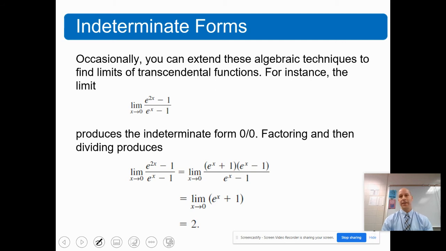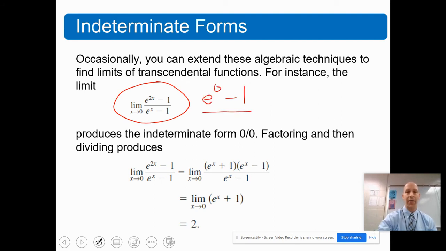The problem is sometimes you can't use these techniques to figure out what the limit is. So consider the limit here. If you plug 0 into this, you will get e to the 0 minus 1. If I did a direct substitution, e to the 0 minus 1, which is, of course, going to be 0 over 0. This is an indeterminate form.